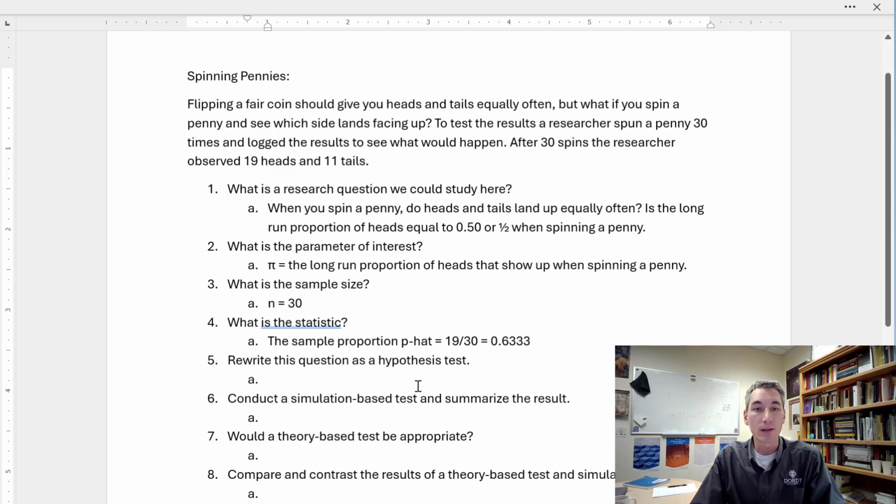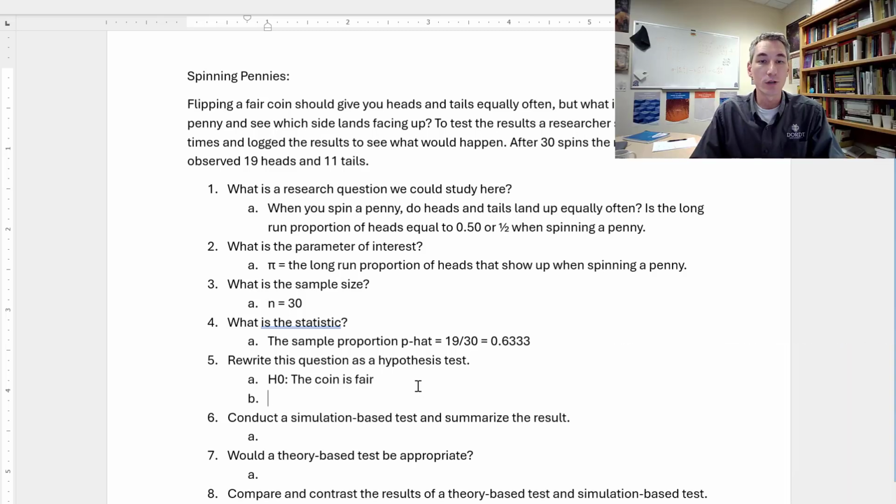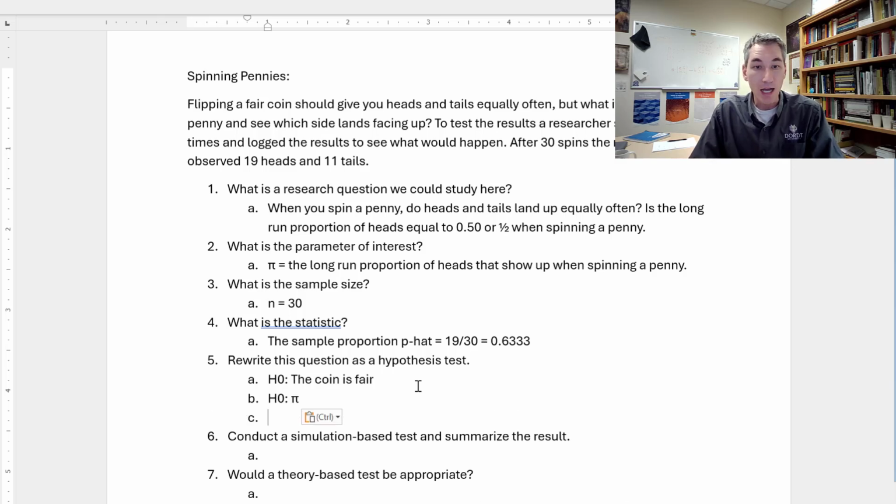And we want to rewrite this question as a hypothesis test. Okay, so we have the null hypothesis. It would be something like the coin is fair. You could rewrite that as pi is equal to 0.50, or you could say the coin is fair.